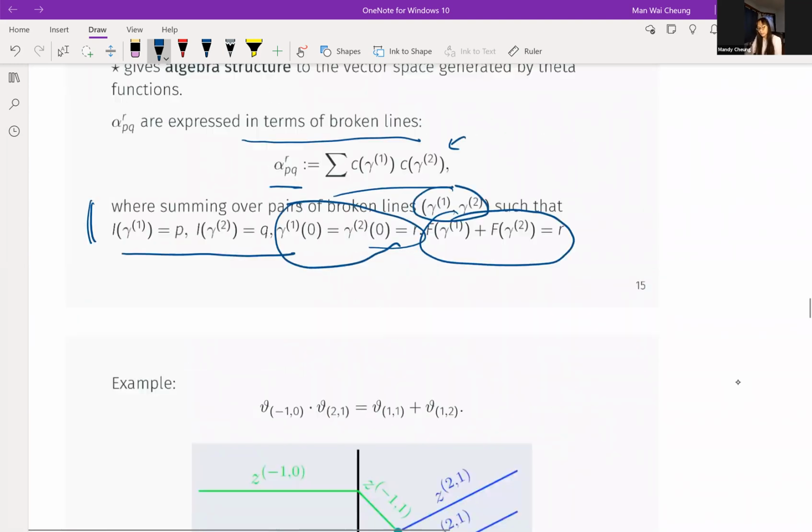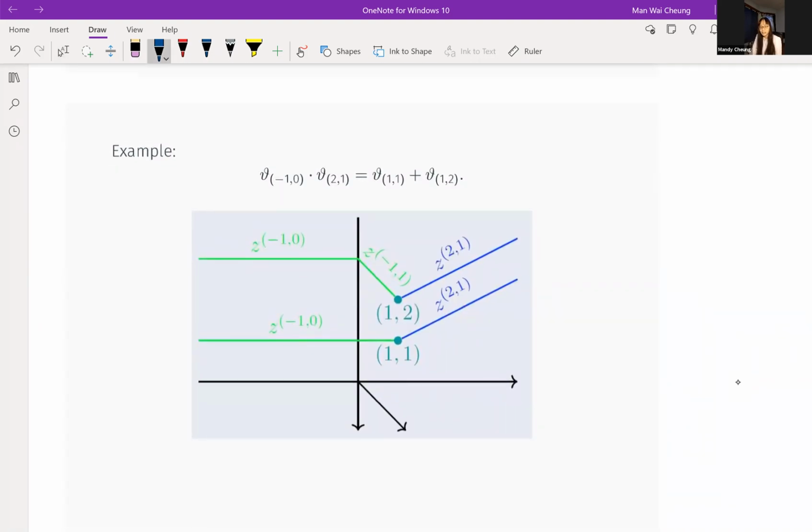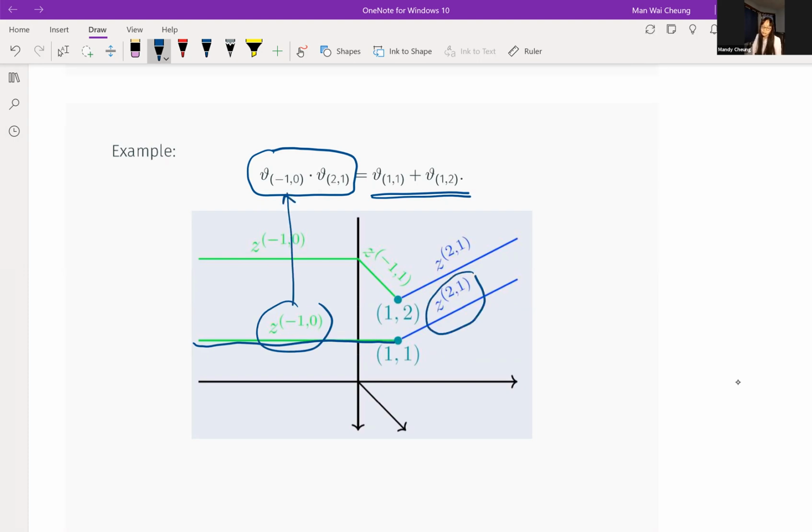So again, let's just illustrate by an example. We can just do brute force and calculate the multiplication between these two theta functions, and then we will obtain the sum of theta 1,1 and theta 1,2. But in terms of this broken line language, you can see here, I can have this broken line here with this initial slope coming here, and this broken line here with initial slope coming here.